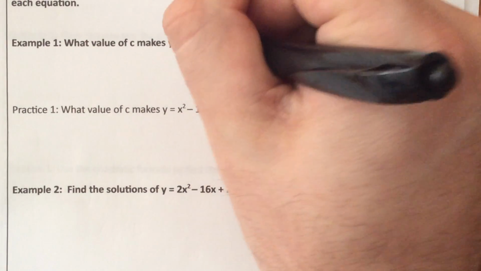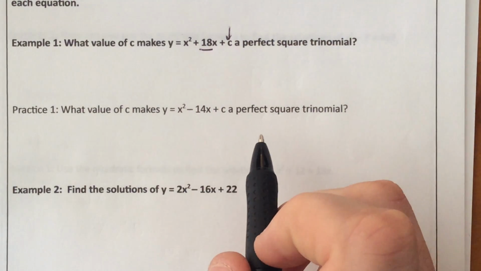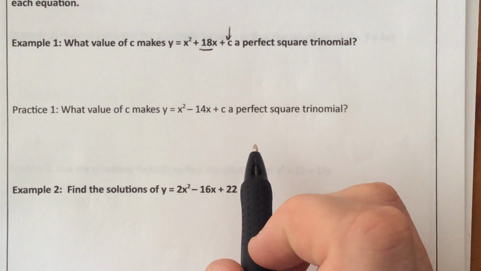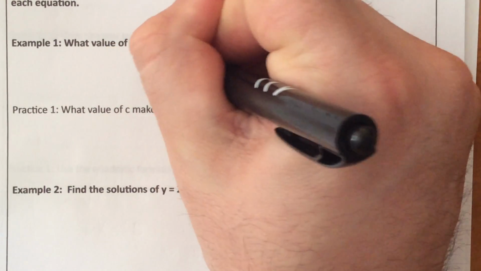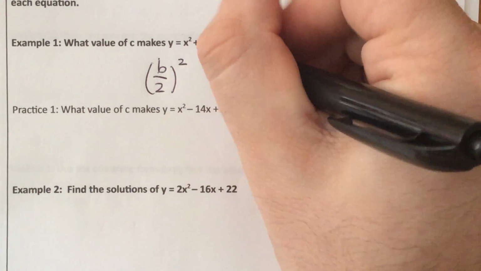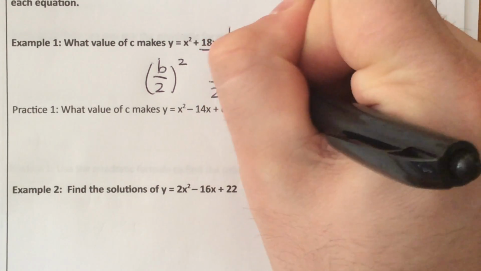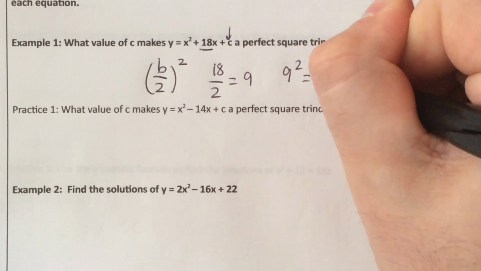So if I look here, okay, I have 18 there. Well, to get my c value, the value I add to both sides, I would do my b divided by 2 squared. So in this case, 18 divided by 2 is 9, and 9 squared is 81.